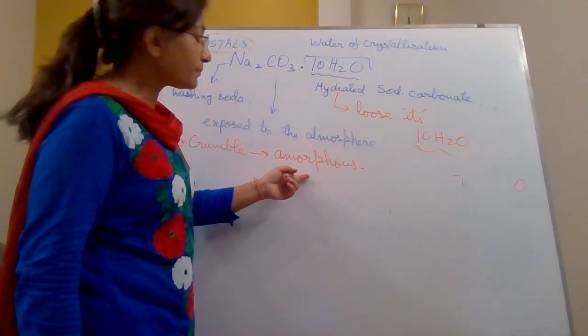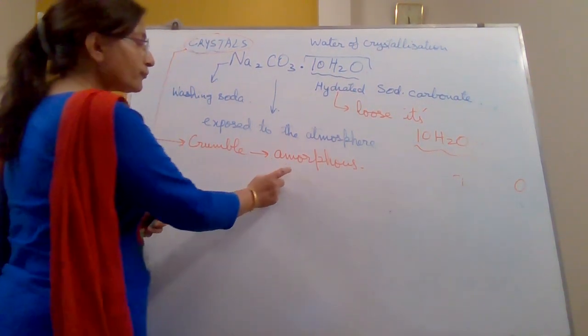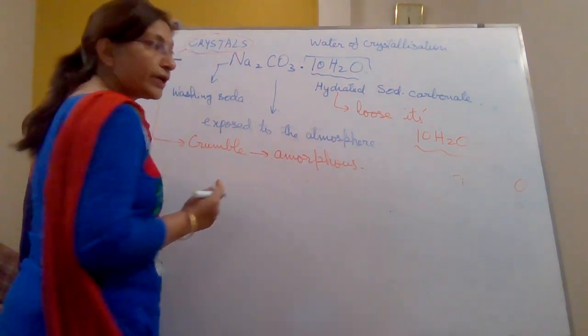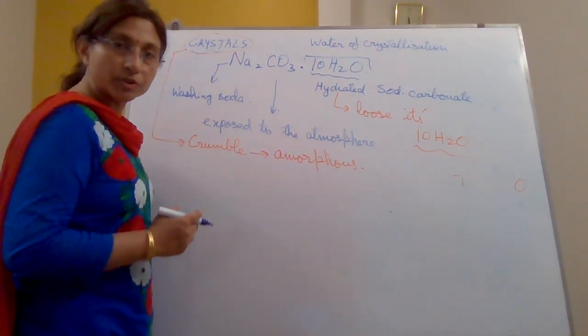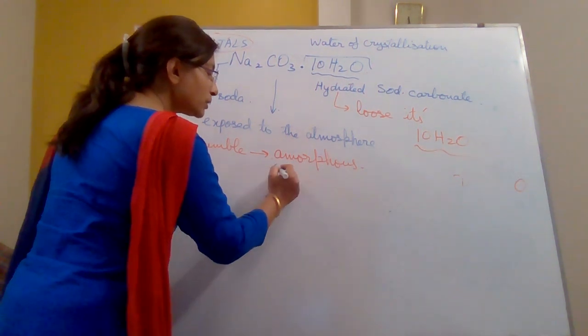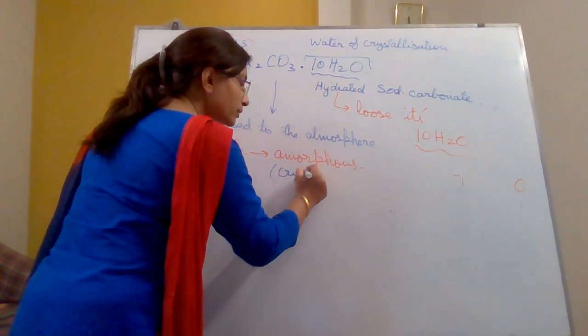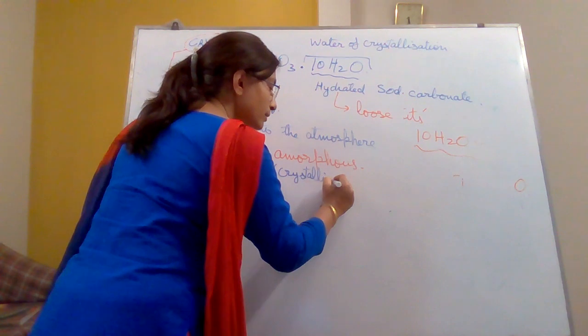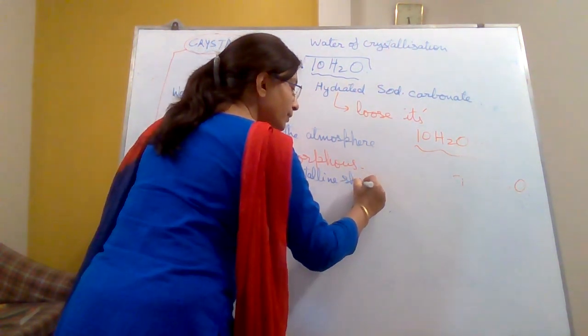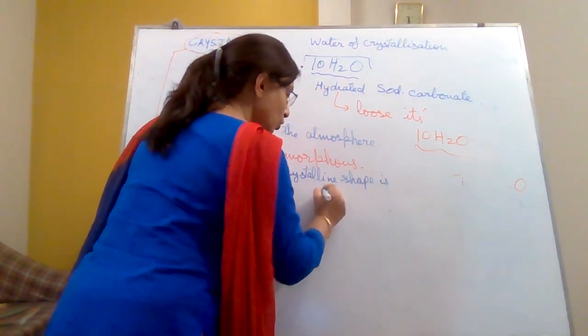What is the meaning of amorphous? Amorphous means when the crystalline shape is lost. That means the crystalline shape is lost.